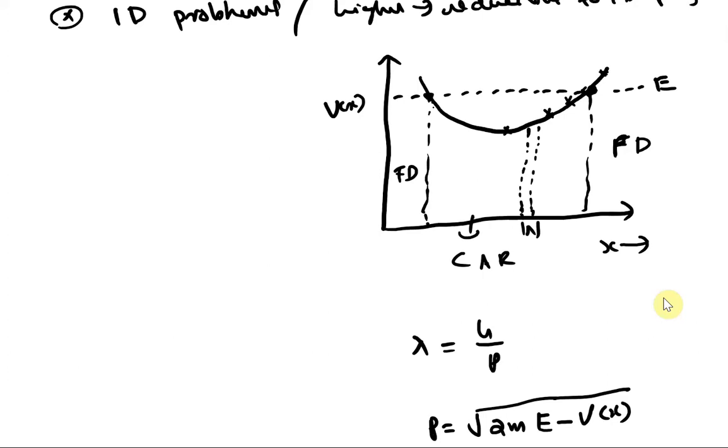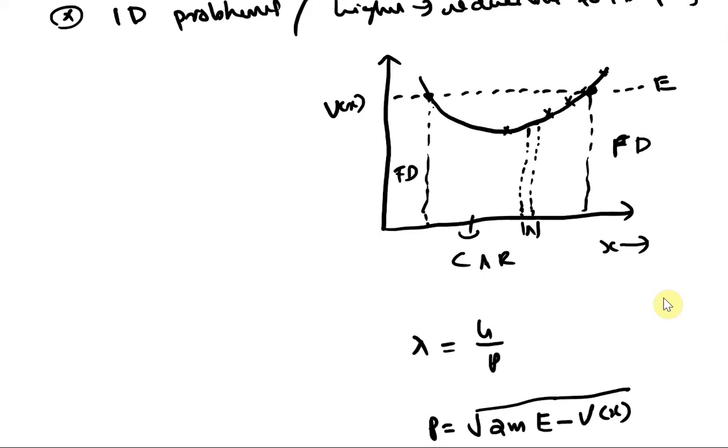Now I'm comparing that lambda with my potential. You can see that over the length of this lambda, the potential is more or less constant. There is no drastic change over the interval of this lambda. It is a slight variation, so you can take the potential as constant over this interval.